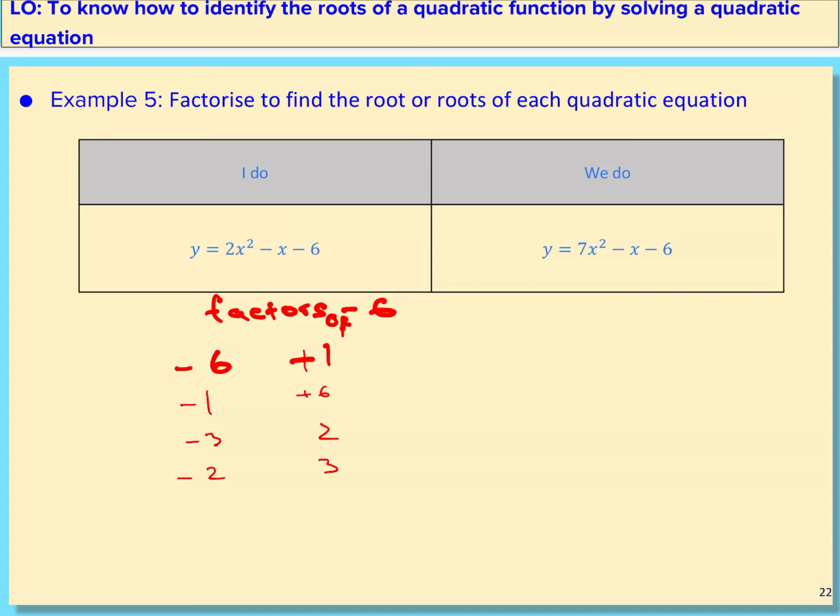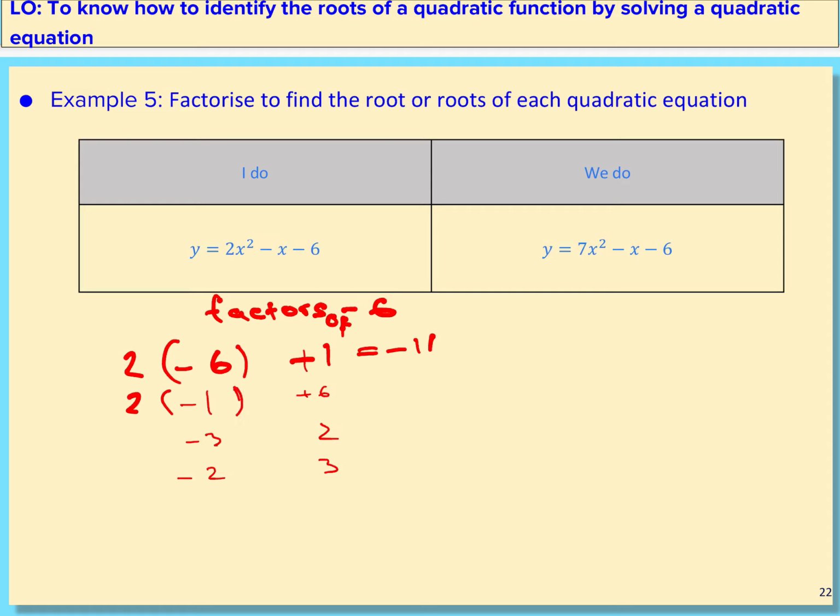So -6 and 1, -1 and 6, -3 and 2, -2 and 3. We're going to look at the different combinations that, when multiplied by 2, will give us -1. So let's give it a go.